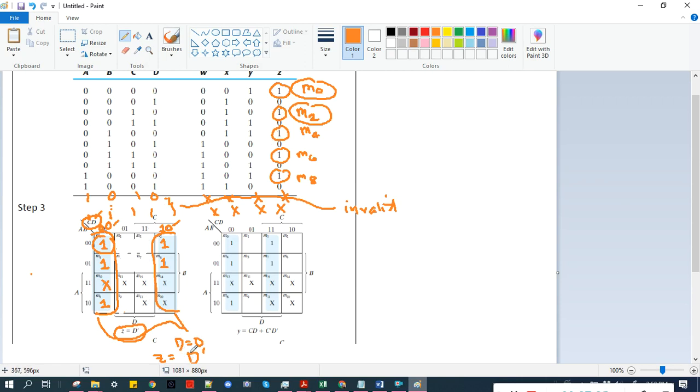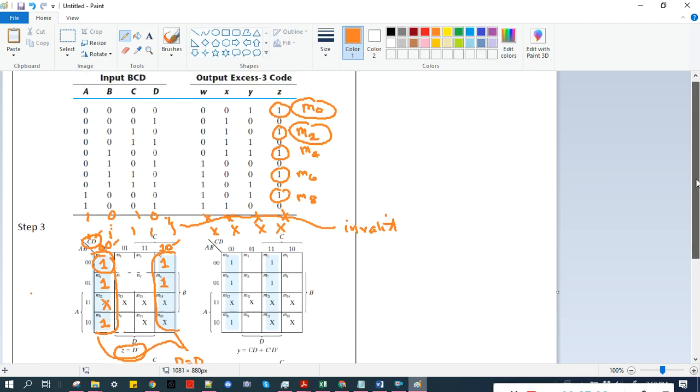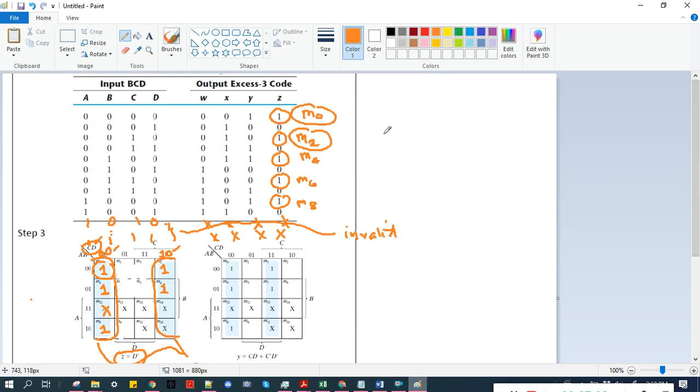So Z equals D prime. We already have the output for Z, which is D prime. How about for Y?